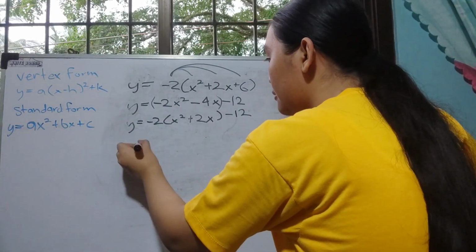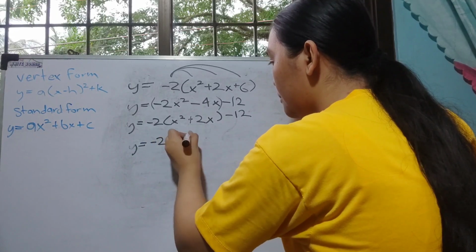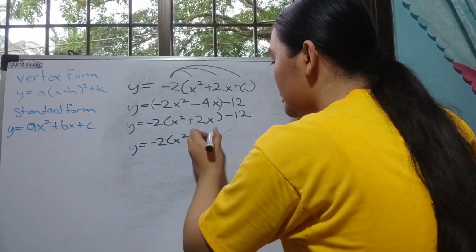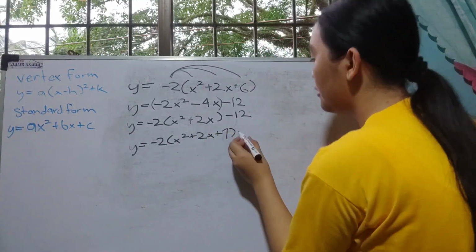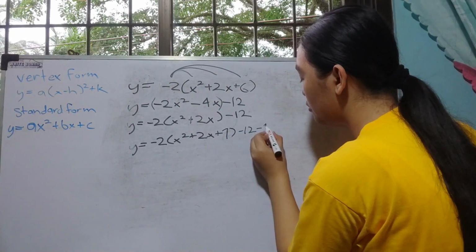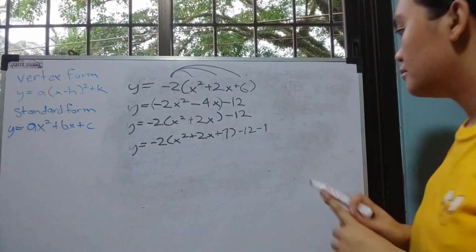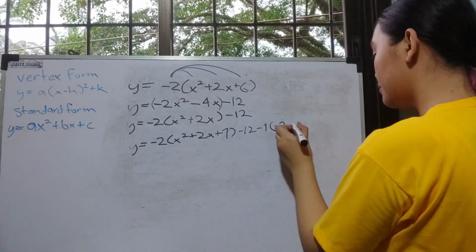Now we add that: x squared plus 2x plus 1. Then we add that to the other side as well, 1, and also the factor of negative 2.